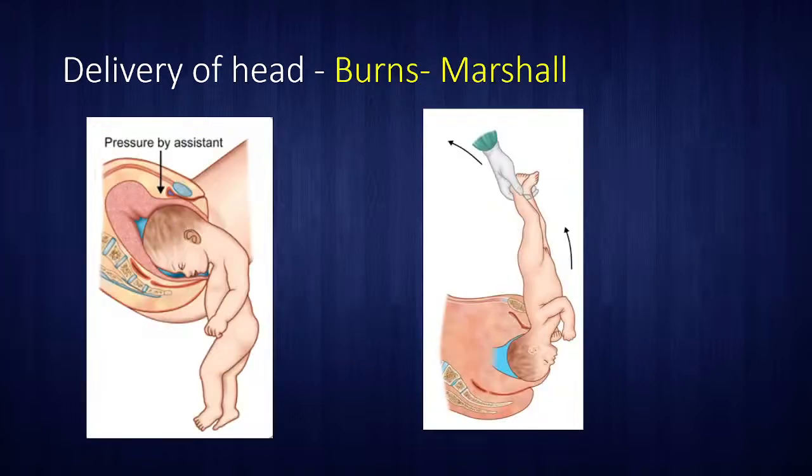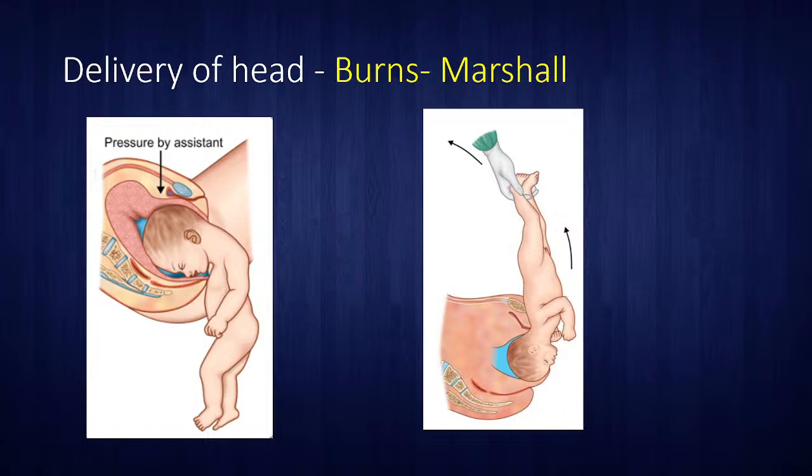Then delivery of the head by the Burns Marshall method. This is the second method of delivery of the head. In breech delivery it is always difficult to deliver the head. The breech may come out, but the head many times gets entrapped. So as I have told, if you just hang the baby down, you should stay there, do not hang it and go away.